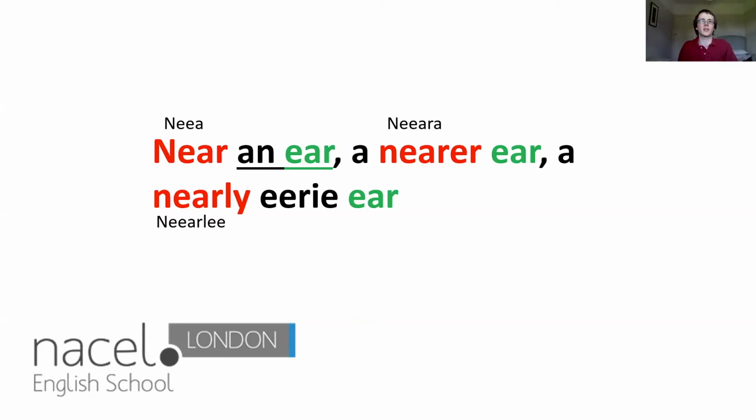But you'll notice that I've underlined in the first part, I've got an ear. An ear. Now remember, of course, that normally when you have a word that ends with a consonant and the next word begins with a vowel sound, like this one, ear, then there is linking. Okay, so it's not an ear, it's an ear.